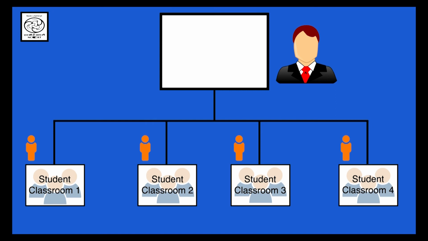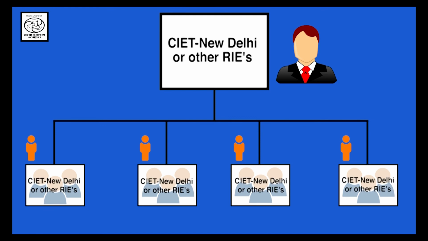These parties can be CIT New Delhi or any other RIE. Among them, anyone can become moderator while others can be viewers or students. The entire procedure for this will be similar to that described earlier. Our operations will depend on whether we are a moderator or a viewer.